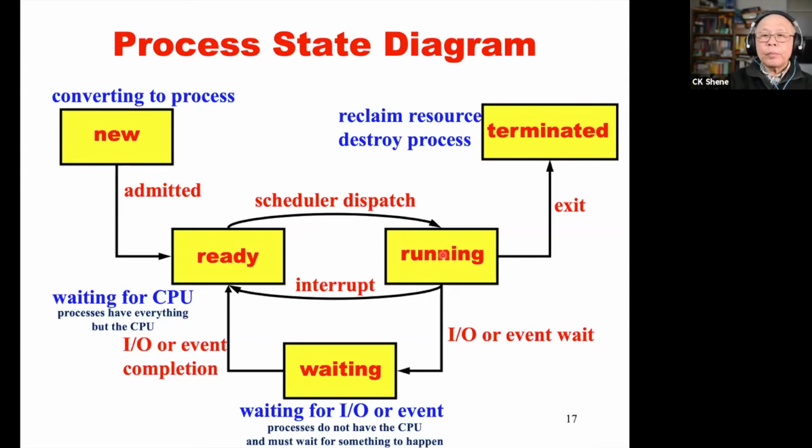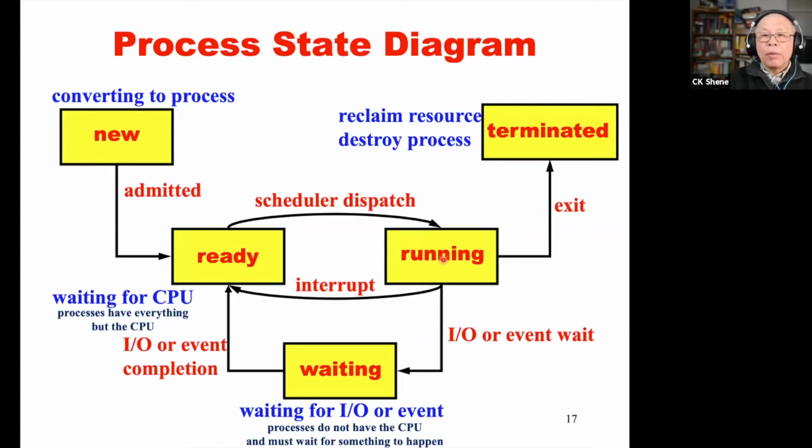Or the running process wants to wait for something. For example, this running process may say, I need to wait for something to happen, whether it's input-output or something else.